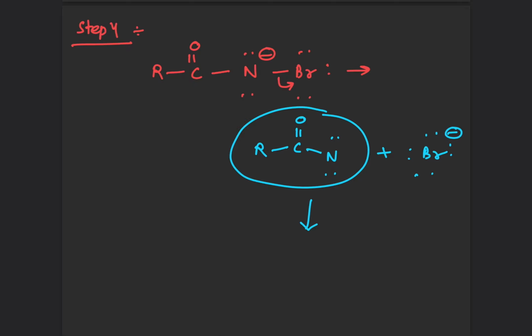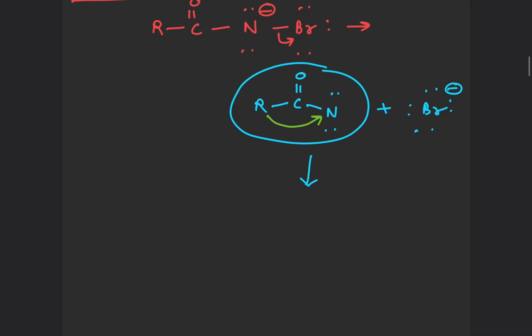That is, R, which is currently bonded to the carbonyl carbon, now bonds with the nitrogen instead. So using arrows, we get C double bond O, N bonded with R. Nitrogen has two lone pairs and carbon has got a positive charge.